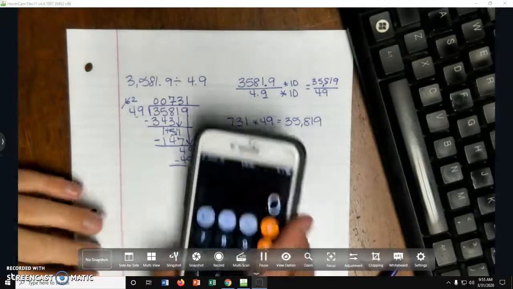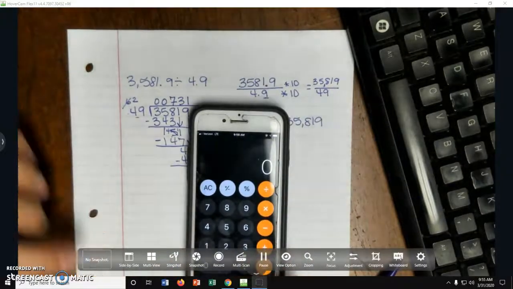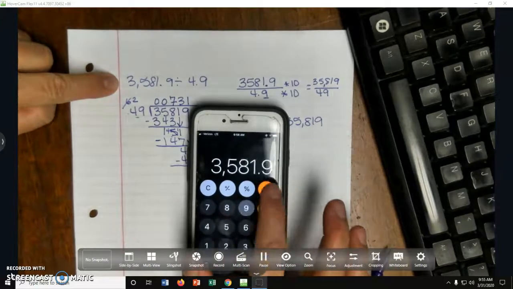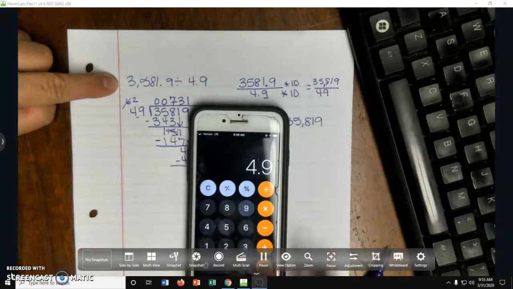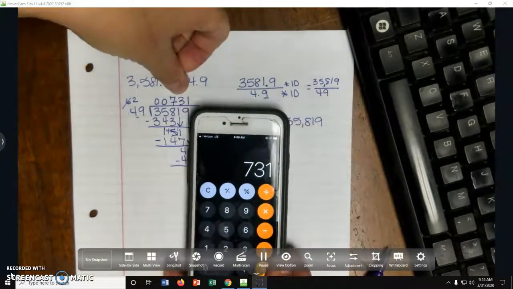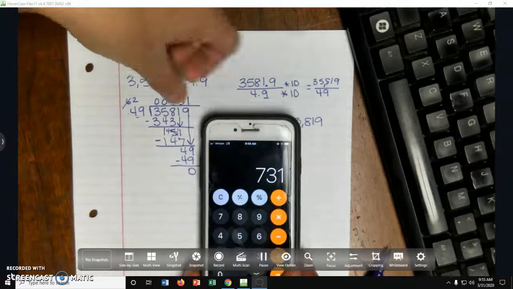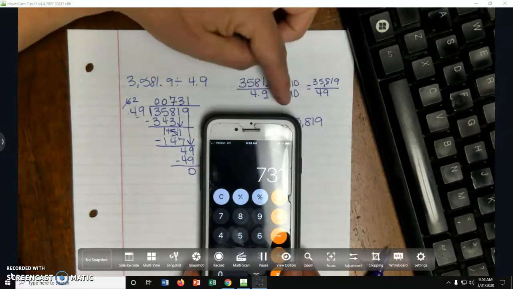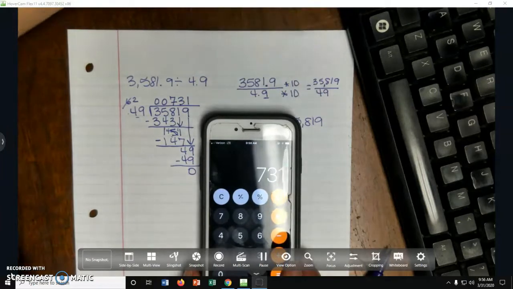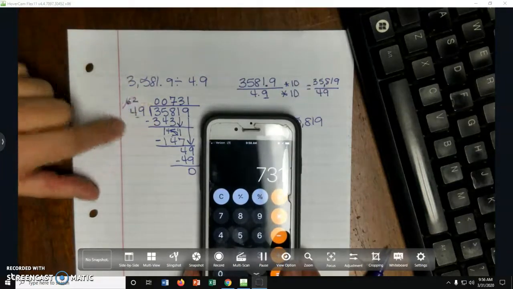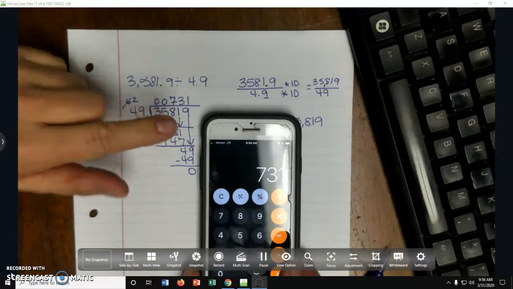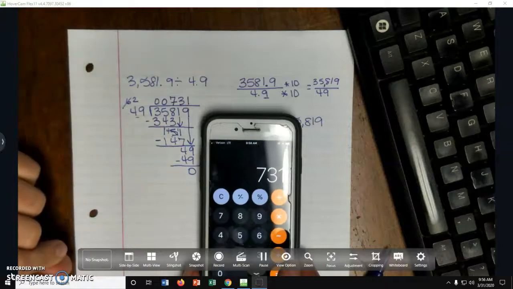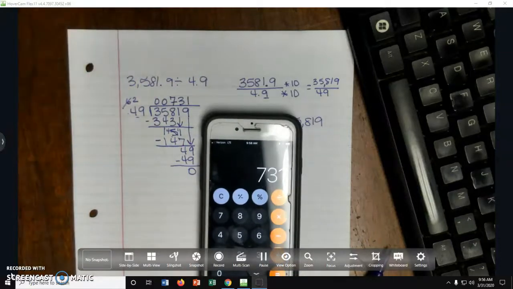If I went 3,581 and 9/10 and divided it by 4 and 9/10, guess what my answer is? 731. So remember, just because we're multiplying these by 10, because we did the same to both parts, the relationship of the number is still the same. We have to clear that decimal in this divisor in order to be able to perform the standard algorithm. There's nothing magical happening. We just have to clear that decimal.